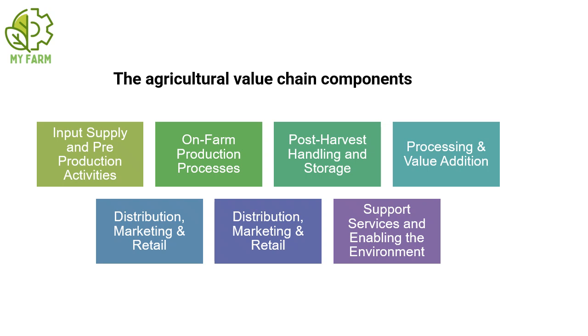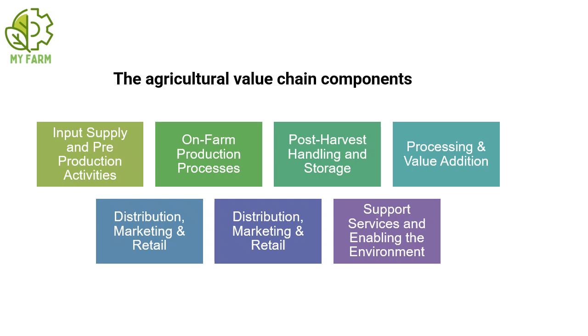Next comes on-farm production processes, the core agricultural activities that transform inputs into harvested products through land preparation, planting, crop management, and harvesting. Post-harvest handling and storage follows, where products are cleaned, sorted, packaged, and stored properly to maintain quality and reduce losses. Then comes processing and value addition, where raw agricultural materials are transformed into market-ready goods.